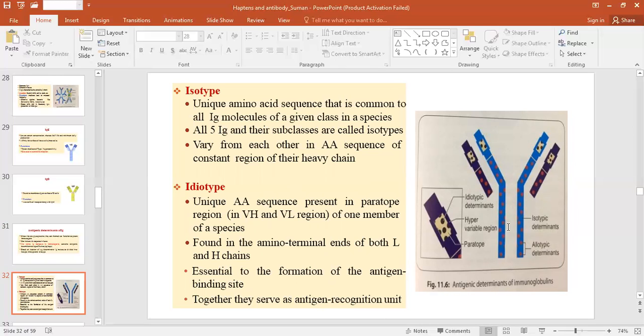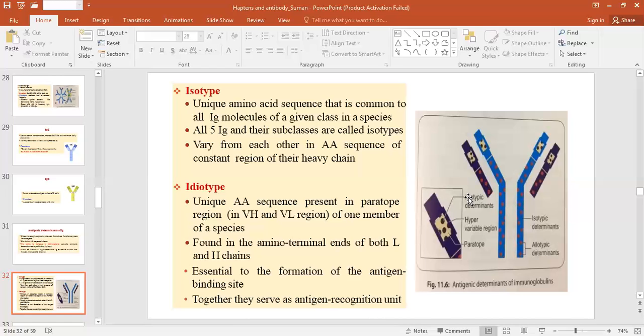So far we have five different immunoglobulins, and their subclasses are also called isotypes. They vary from each other in the amino acid sequence of the constant region of their heavy chain. Here you can see the isotypic determinants.